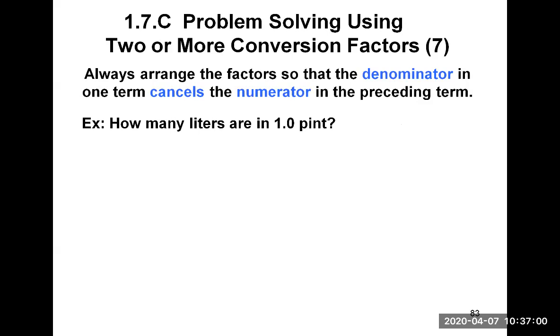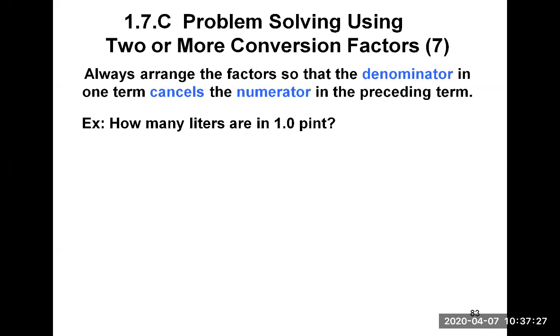So how many liters are in 1.0 pint? Okay, pint to liters rather. The pint is an English system unit. The liter is the metric base unit for volume. So these two units are units of volume.